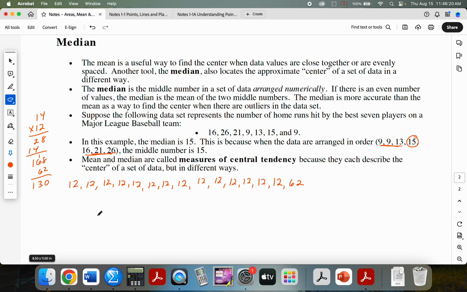Divided by 12, 13, 14, 15. 230 over 15. Both of those are evenly divisible by 5. That's 46 over 3, which goes in 15 times with 1 left over. 15 and a third.